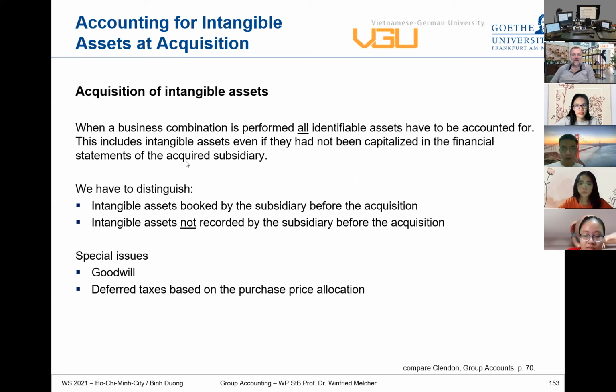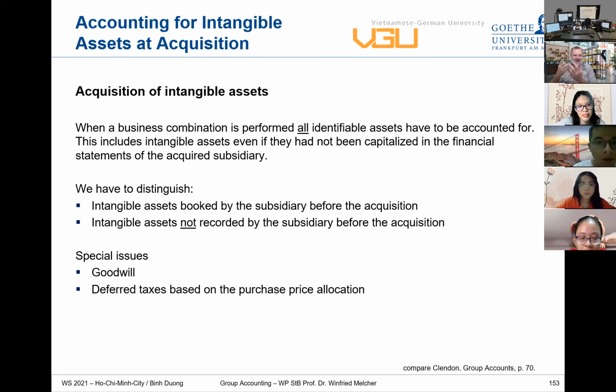That is the problem if you don't book something. So if you don't capitalize a patent that they were working on, then how do you know that there is something out there? So that is the biggest problem, to identify intangible assets that are not physically there.